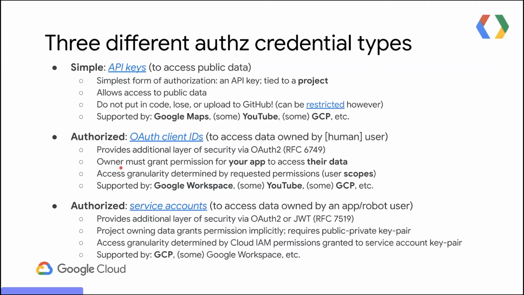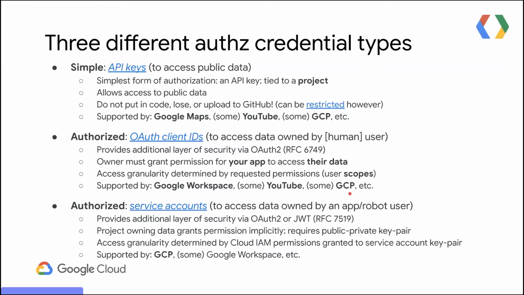Now, getting to more secure types of access, we have authorized access. This is to access data that's owned by a human user, and that type of credential is called an OAuth client ID. This is supported by, of course, Google Workspace, for example, somebody's files on their Google Drive, their Google Spreadsheet, maybe their YouTube playlist, and some cloud platform APIs.